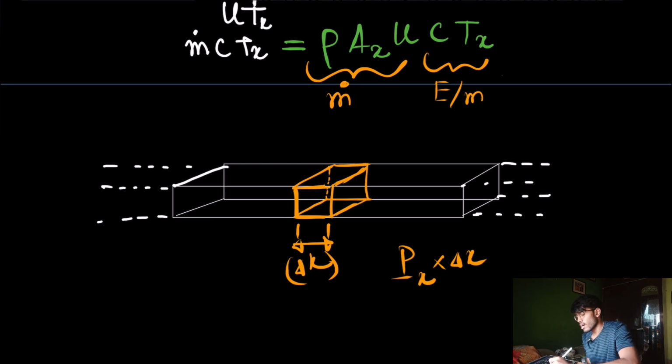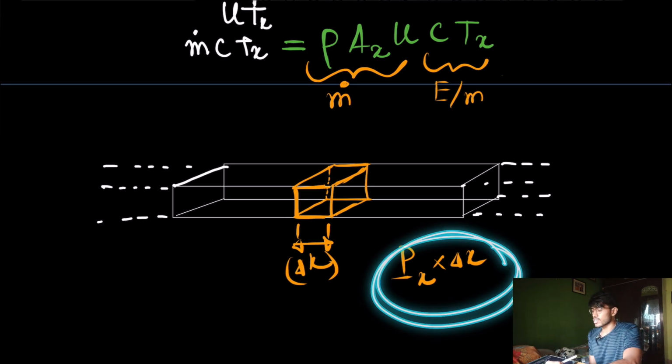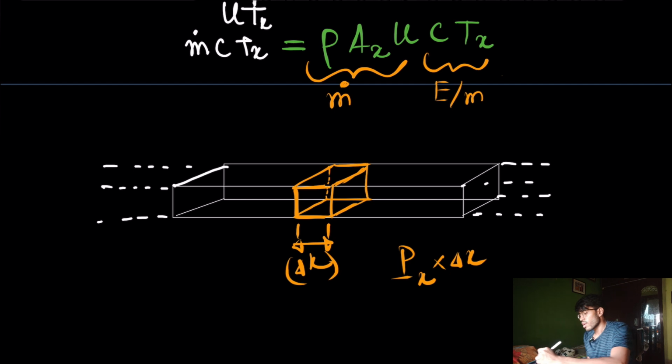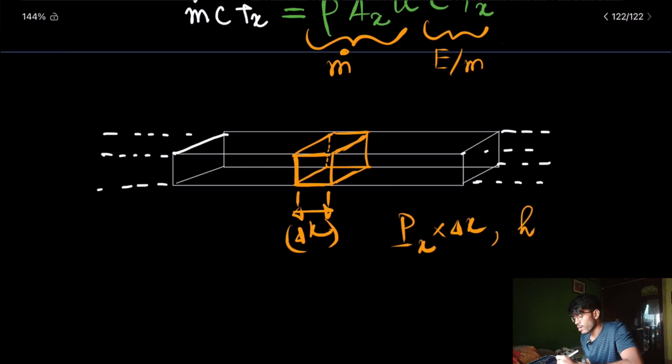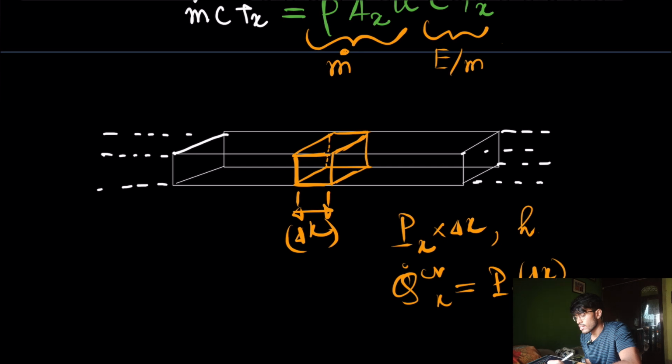So this is the area through which the convective heat transfer will take place. Now if my H is given, then what is the Q dot CVx?